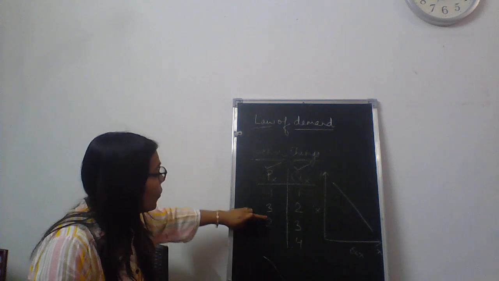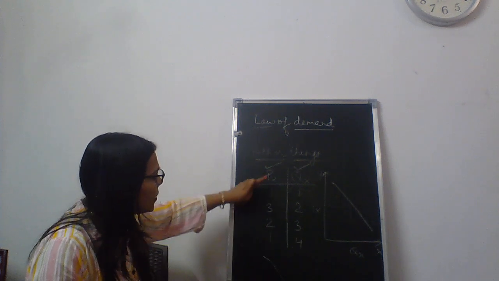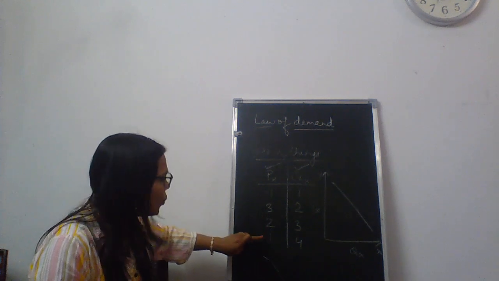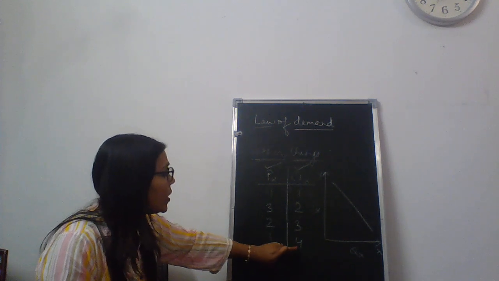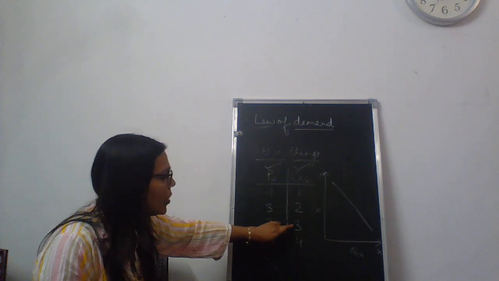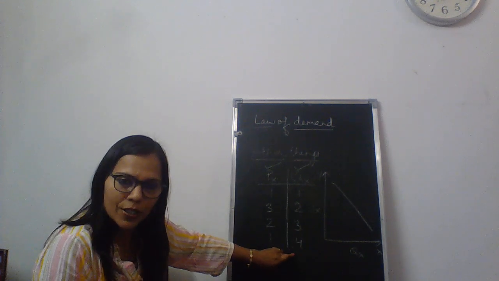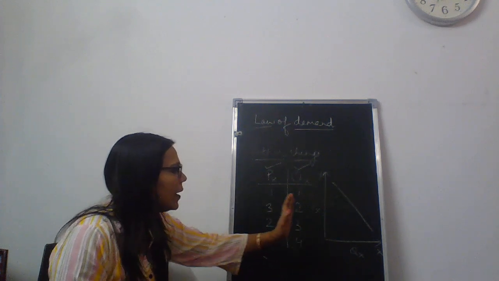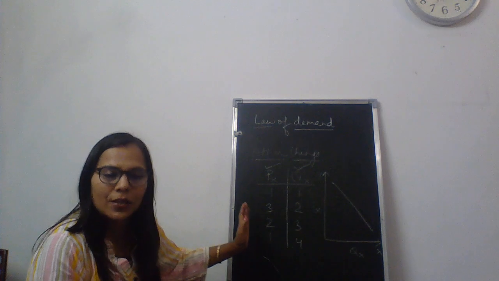Then the price further reduced from 2 rupees to 1 rupee, so his quantity increased from 3 units to 4 units. So this proves that there is an indirect relation.